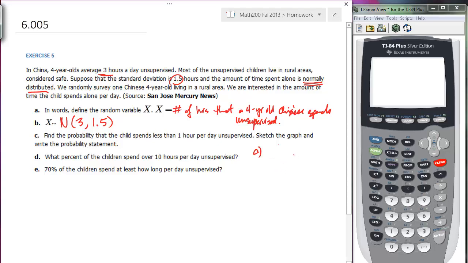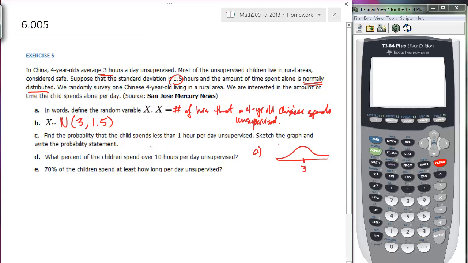So whether they ask you to sketch a graph or not, I think it's always the best approach if you can sketch a graph for a normally distributed probability. We have the mean sitting right in the middle, and then they want to know the probability.